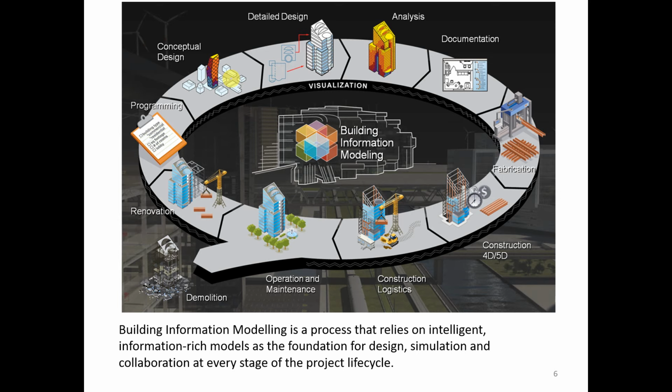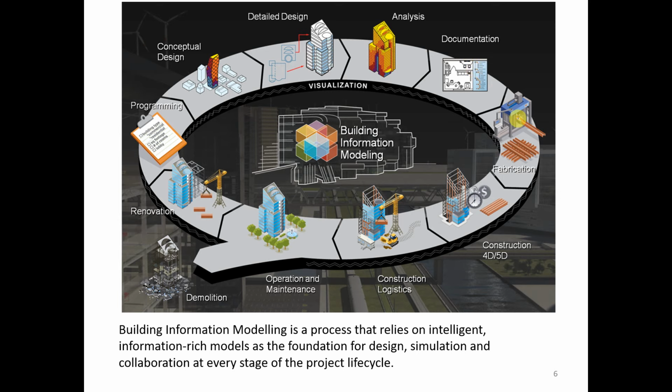So you can go from those primitive shapes all the way through to a fully documented building. Now as we move around, the model itself can start off in this form. We then go to detailed design. We can use the model for analysis. We can then produce documentation from the model.